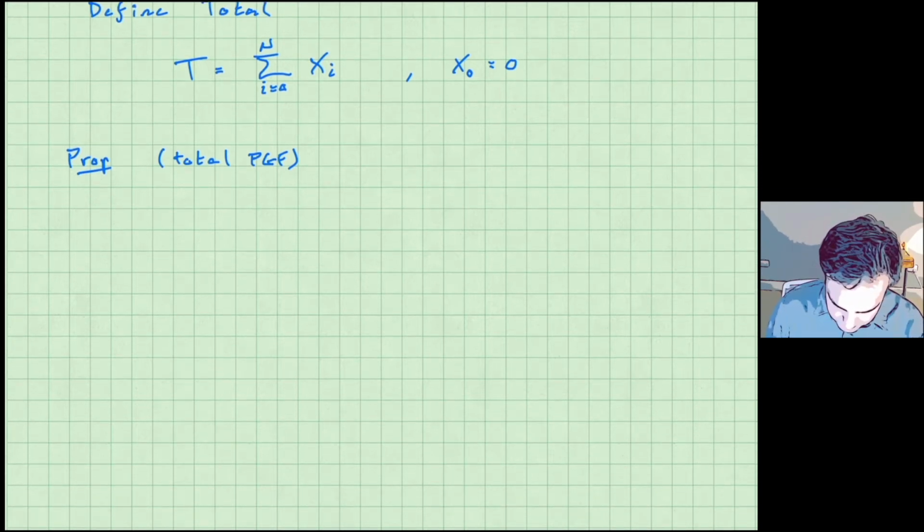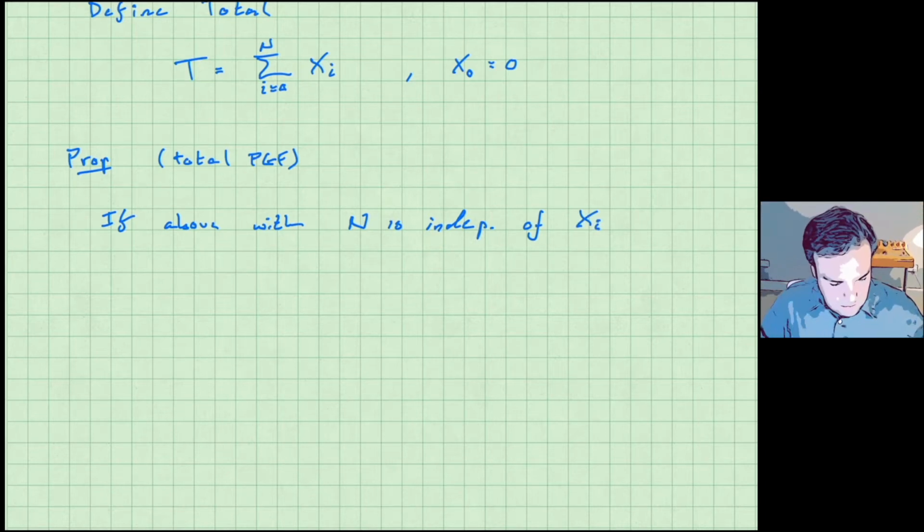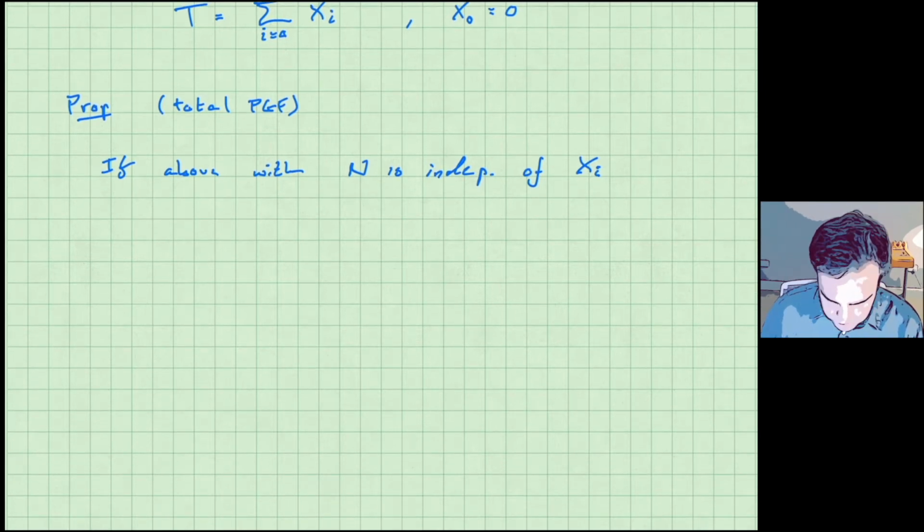Suppose you have the above construct, with the additional property that N is independent of the x's. Then we're going to make a statement about the probability generating function for T.